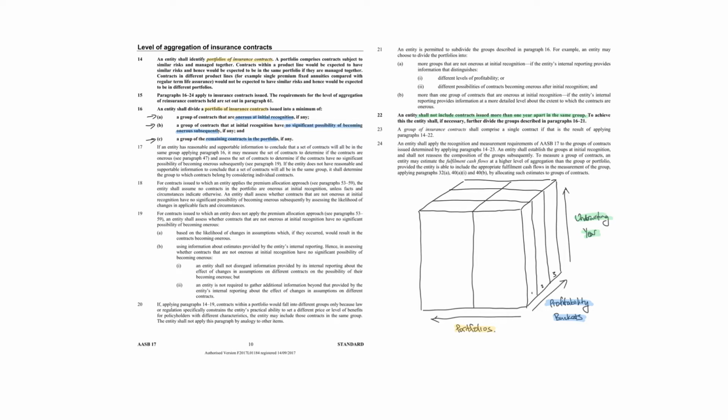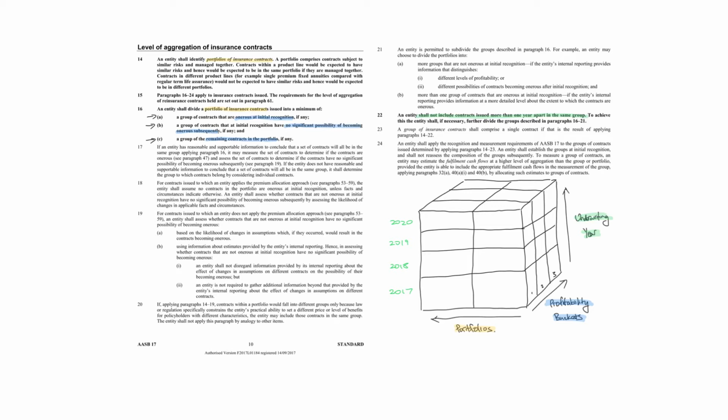And let's just say this entity has 4 underwriting years: 1, 2, 3 and 4. Okay, so as an example, the underwriting years would be, let's just say, 2017, 2018, 2019, 2020.